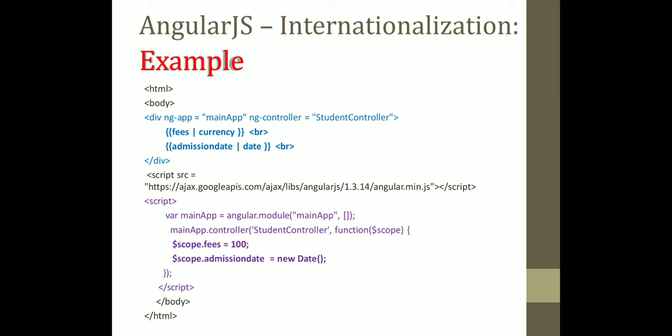So this is the main code that is shown in purple color here, plus the above lines in the body tag shown in blue color. This is the main thing, how to include your internationalization filters in your coding block.